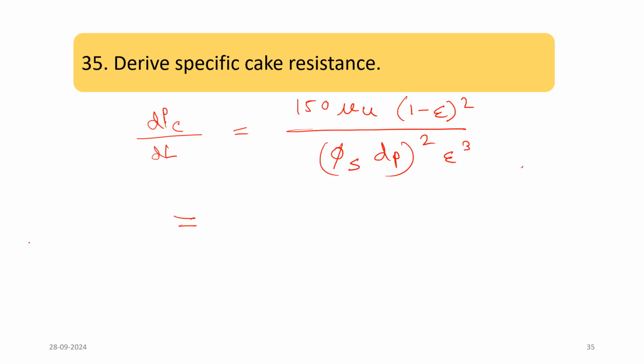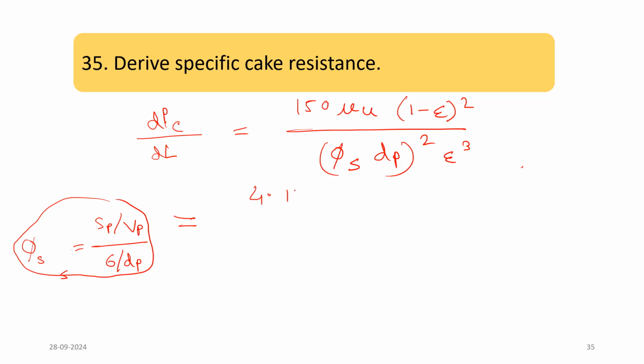4.17 mu u (1 minus epsilon) square (Sp by Vp) square divided by epsilon cube. So if the fluid is flowing as laminar flow through the cake filter membrane, the pressure drop across the bed is defined by the Kozeny-Carman equation.